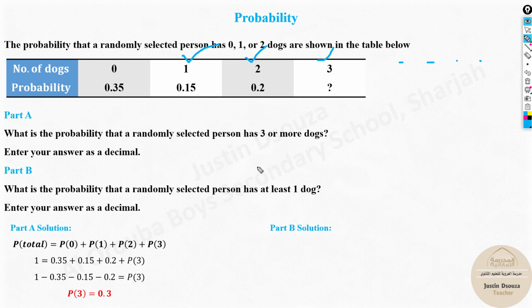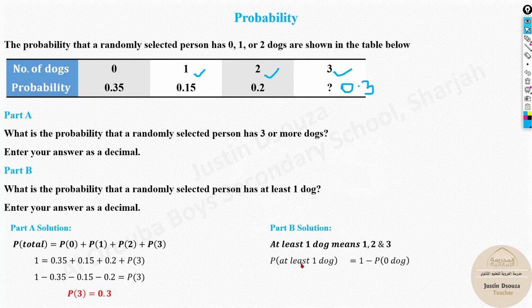So you can just do 1 minus the probability of no dogs, which would give you at least one. Or you can do another way. You can just add the probability of 1, plus 2, plus the probability of 3, that is 0.3. You can add it up. 0.3 plus 0.2 is 0.5, plus 0.15 is 0.65. 0.65 would be the answer.